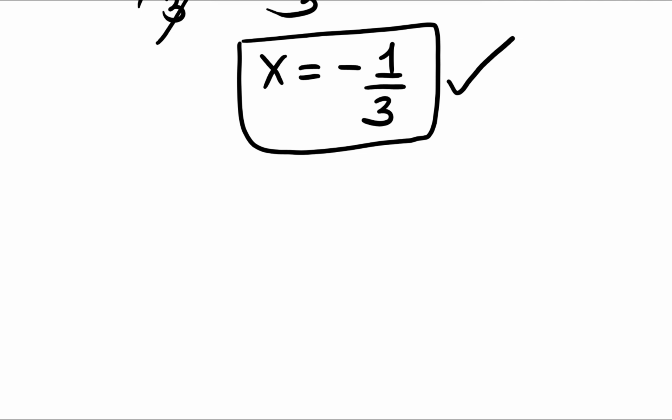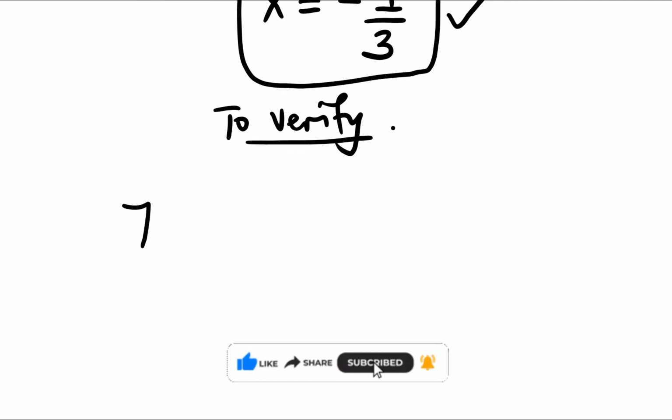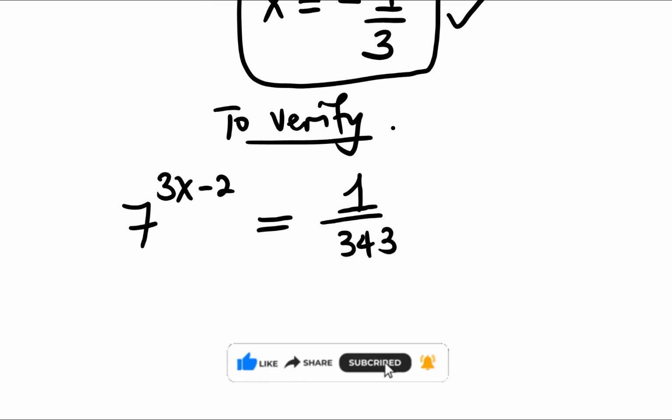But then let us go ahead and verify just to be sure that our value of x is correct. So the question states 7 raised to power 3x minus 2. And we're trying to find out if that's going to be equal to 1 divided by 343.